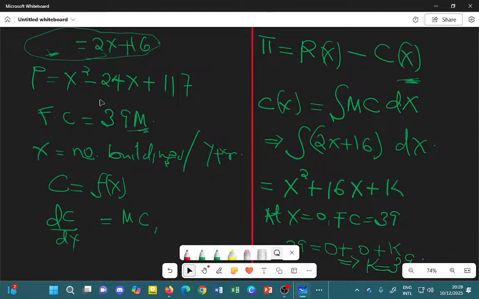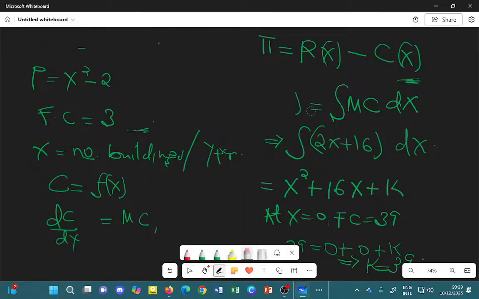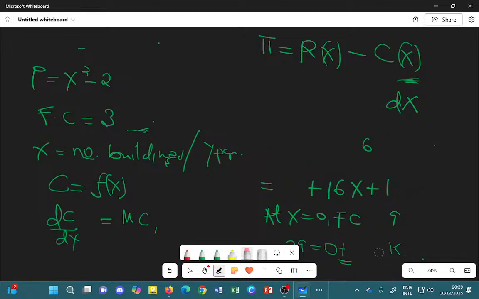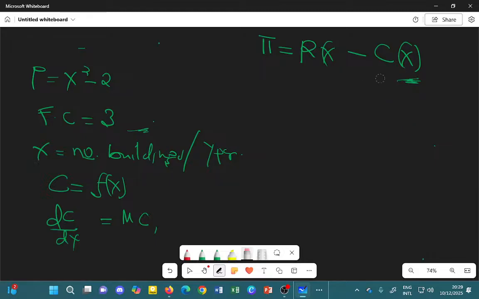I should pick an eraser. Oh, I rubbed everything. That's okay, we can remember. I was not supposed to rub this end, but I did.